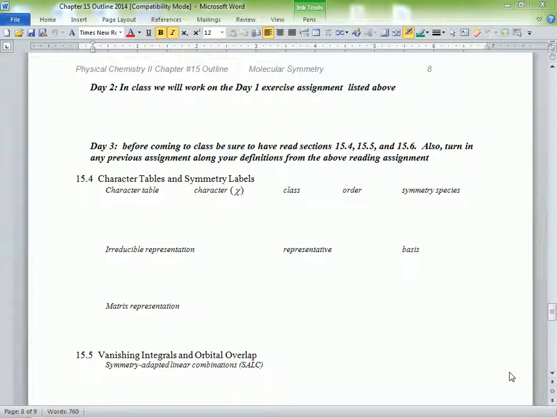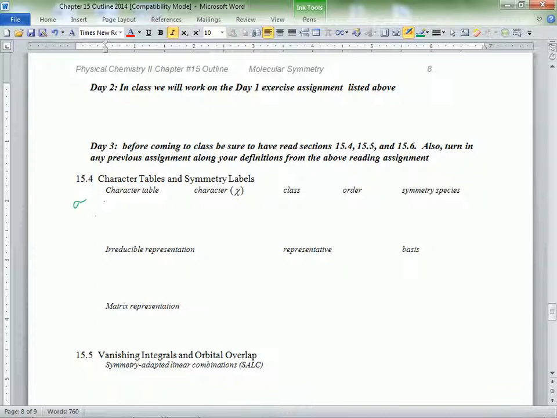In chapter 14, we gave symbols, like sigma molecular orbitals, pi molecular orbitals, those sorts of things. Well, now we're going to have little a1, little e1 as our molecular orbitals and so on.